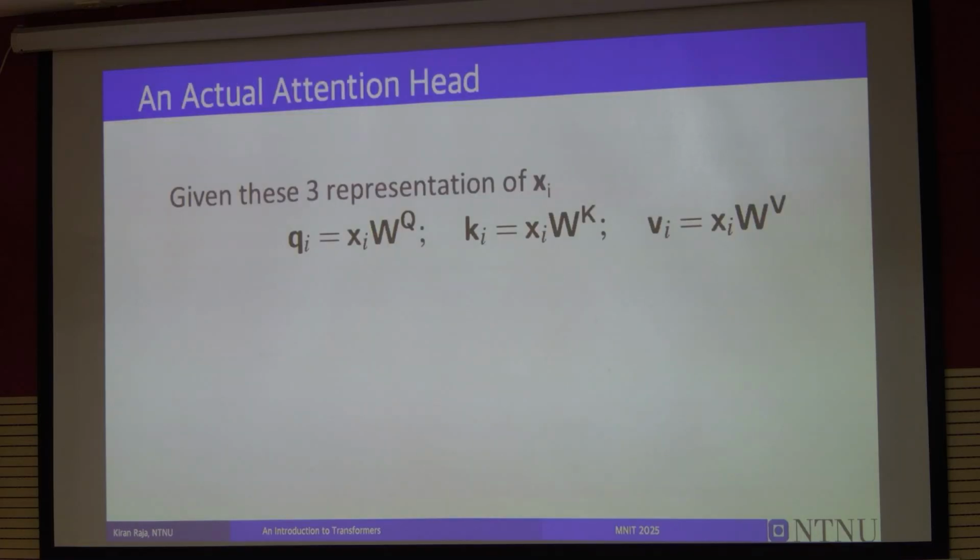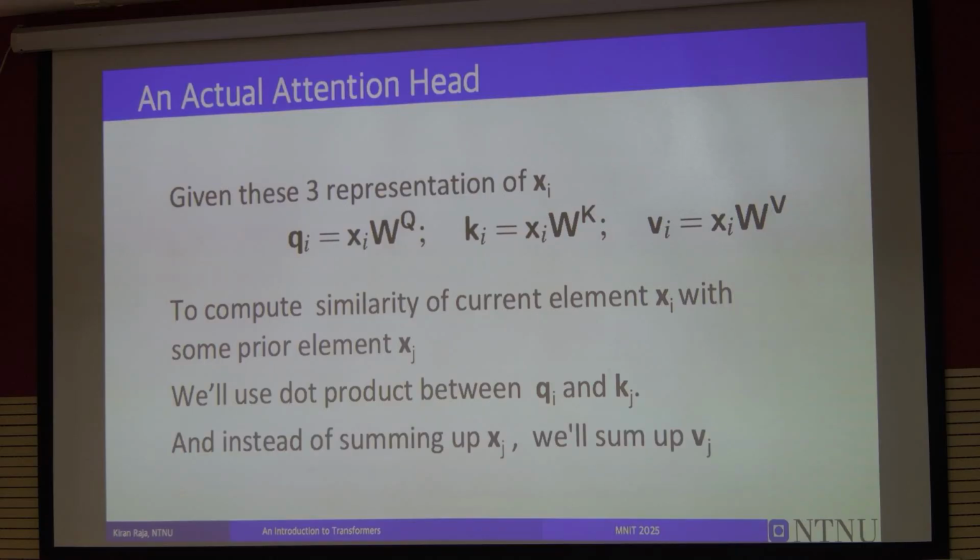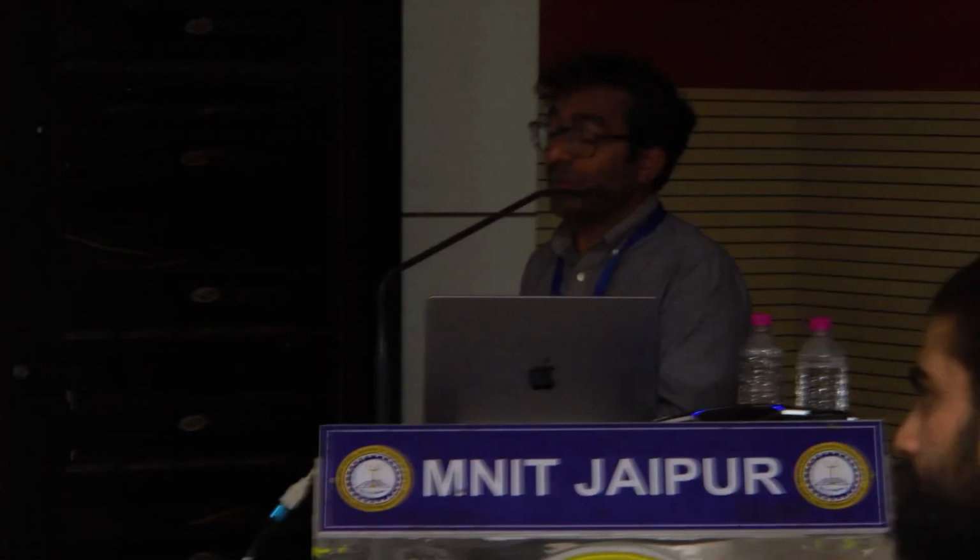So if I have all three matrix multiplications, and then to compute the similarity of the current element xi with some prior element, all I need to do is some dot products, which is what we were doing, and then we summed it up, and then we divided it by the total length of the embedding.